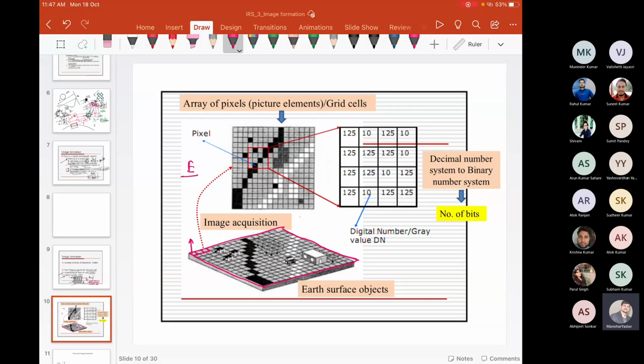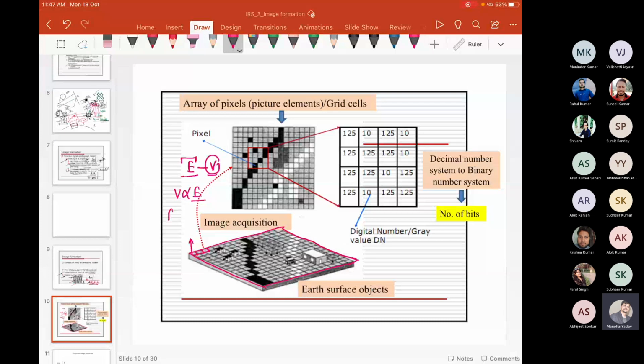There is an equivalent energy E generated corresponding to this cell. For this energy E, a voltage signal V is generated, and this voltage signal is proportional to the magnitude of energy E.